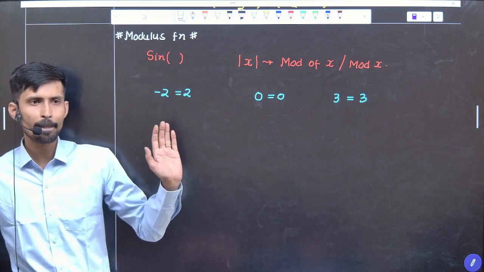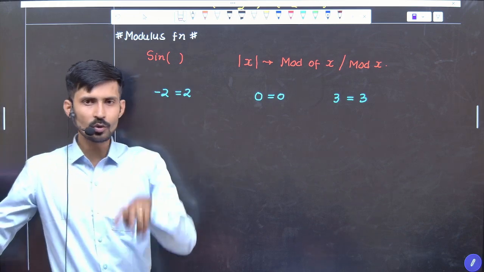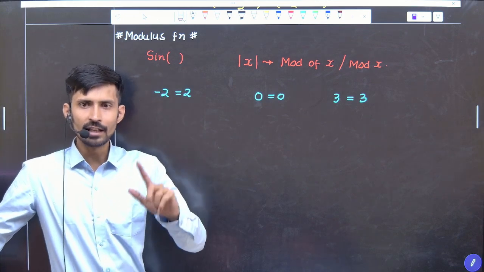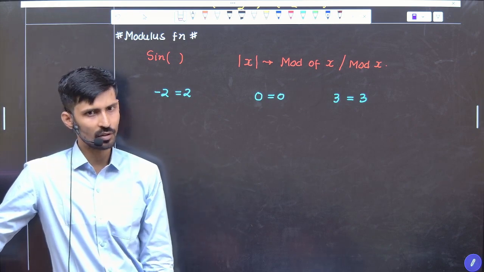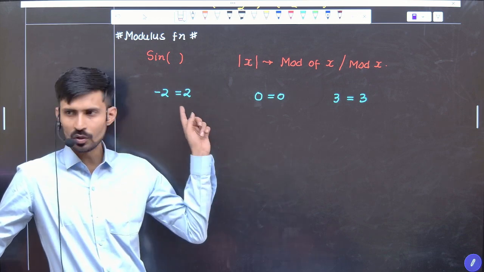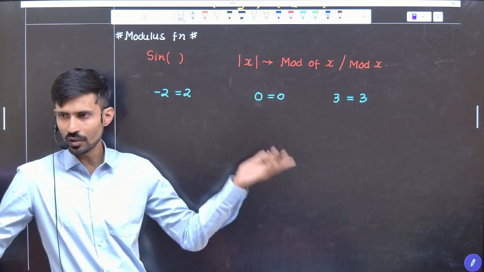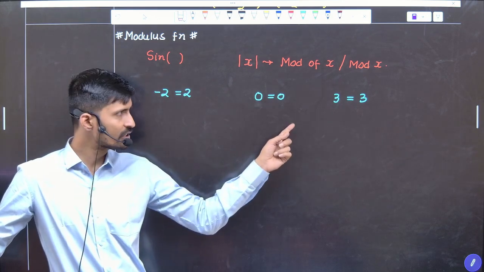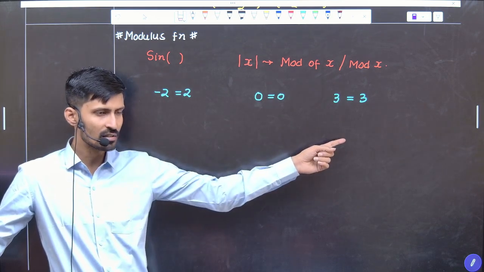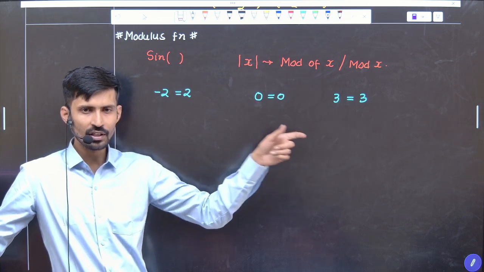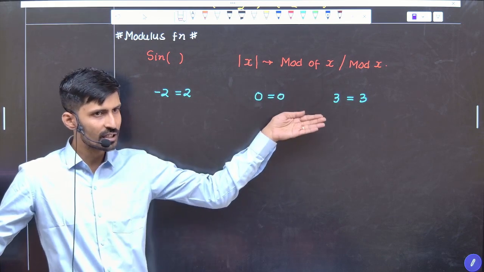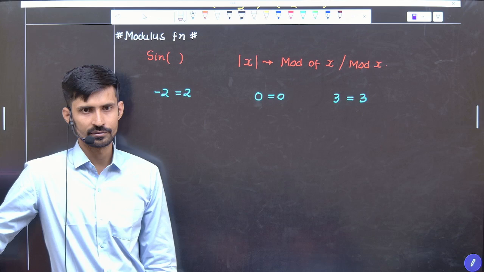So when we remove modulus from a negative number, then only something goes wrong. After removing modulus, whatever we got here is a wrong statement. But when it is 0 and when it is positive, if we remove our modulus, still we will get a true statement.